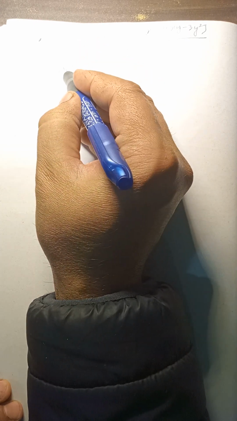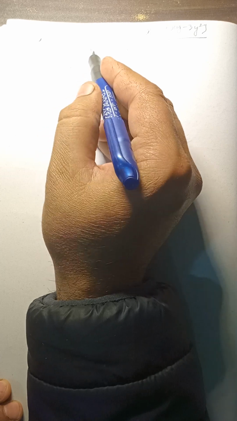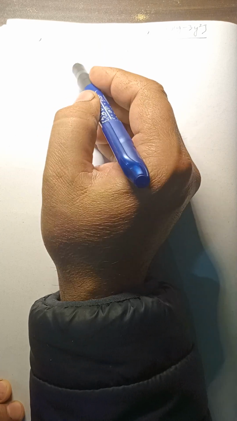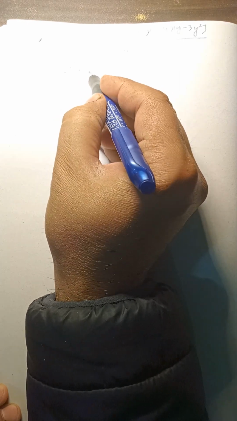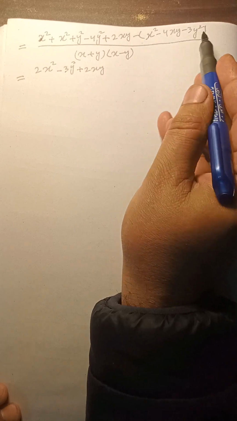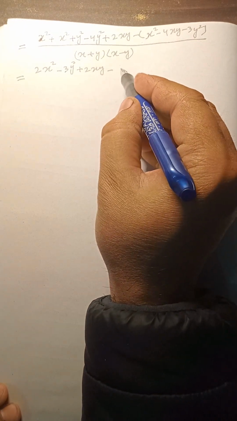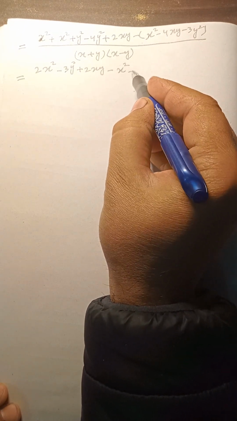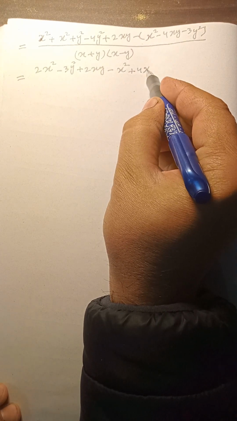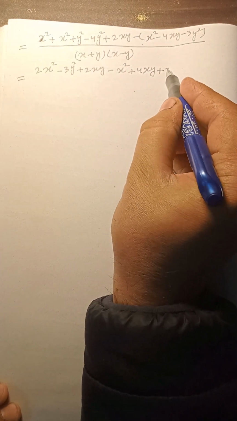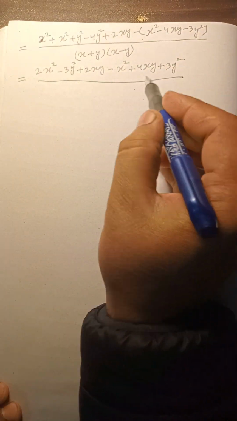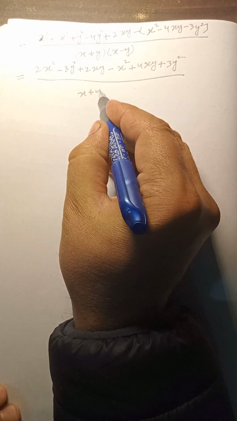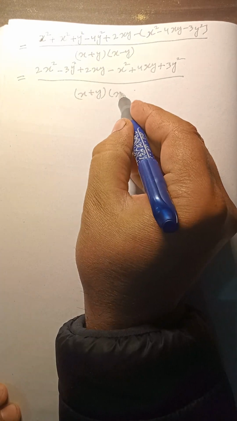The answer is 3 here, 3y square, and greater sign is minus, so we will write minus here, and then plus 2xy. And due to this minus sign you will change the inner sign and remove the bracket. 2x square plus 4xy plus 3y square over the same term, x plus y into x minus y.